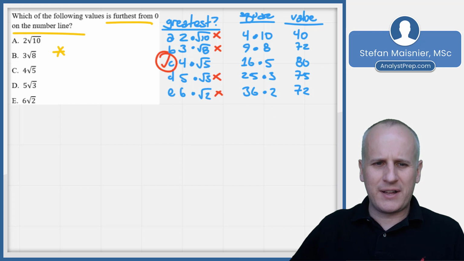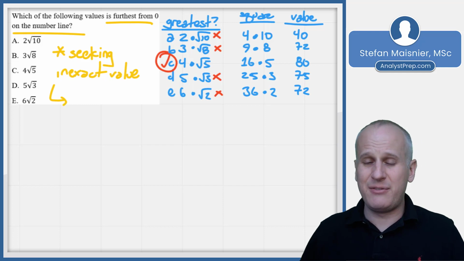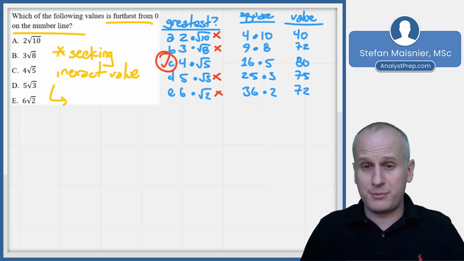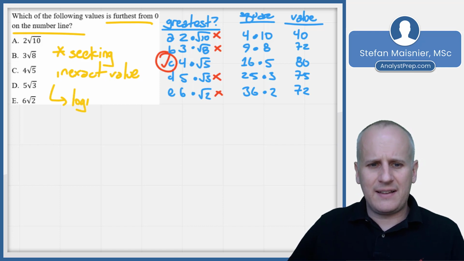So we've got a problem seeking an inexact value. So that's my clue that even within the construct of, say, number properties, which are really relatively technical in nature, this is a logical evaluation clue.